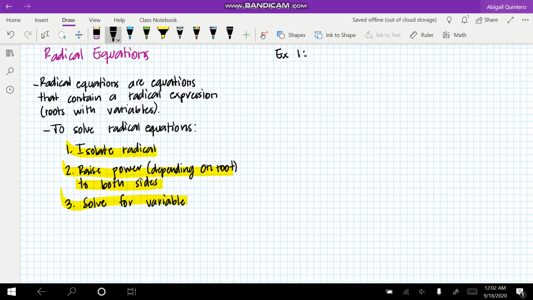So now this is example 2. And we have the square root of b minus 4 equals 3. So on this one, again, we can see that on our equal sign on the left, the radical has been isolated, right?